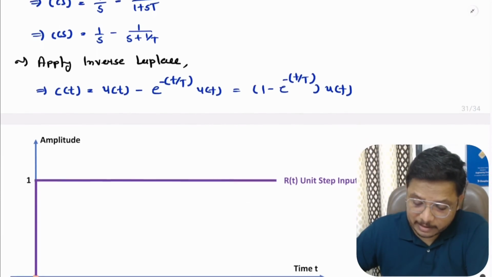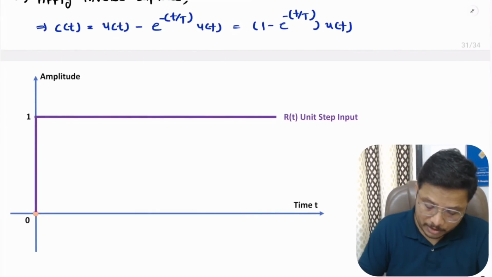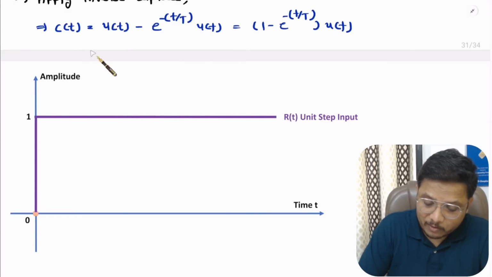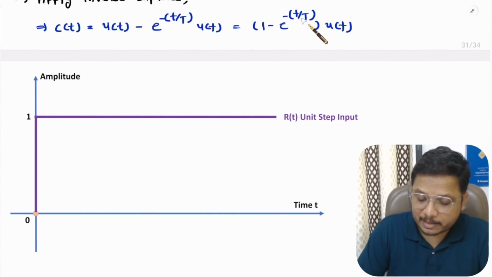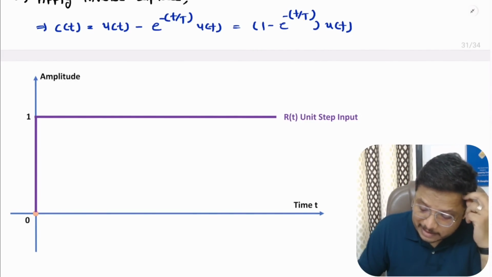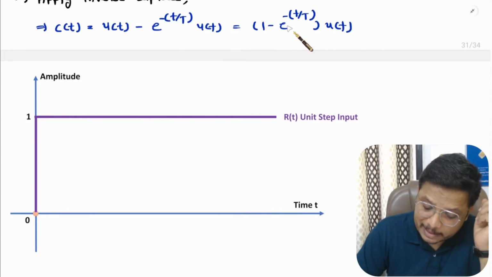Now let me explain this output graphically. Here, see, we have the unit step input, that is r(t), right? And our output is 1 minus e to the power minus t by capital T. If you place small t, that is time, equal to 0, then 1 minus e to the power 0 is 1 minus 1, that is 0.